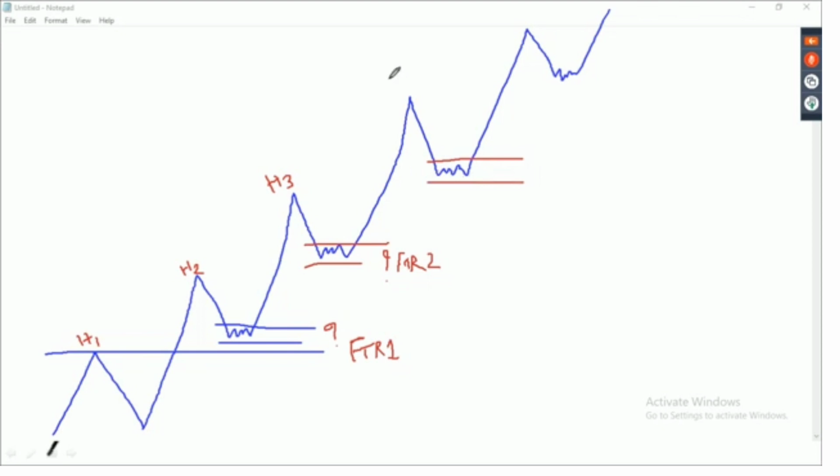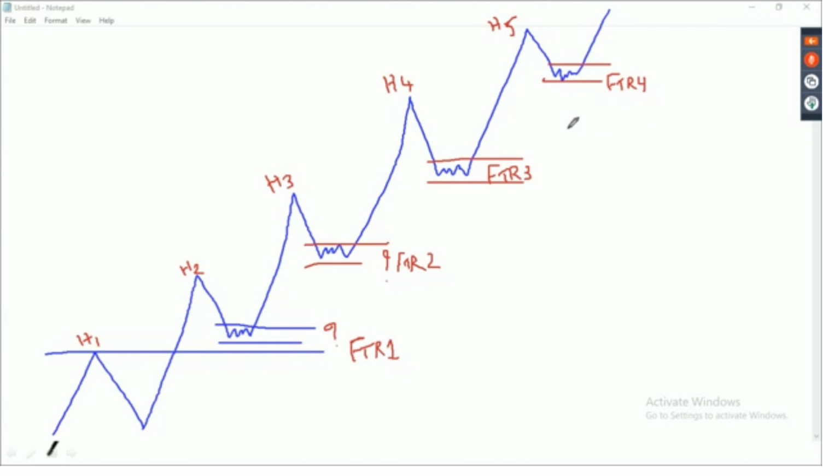What is this? What happened between H3 and H4? It's FTR3. In all the cases, it is the same. This is also FTR. So this kind of series of FTRs formed.